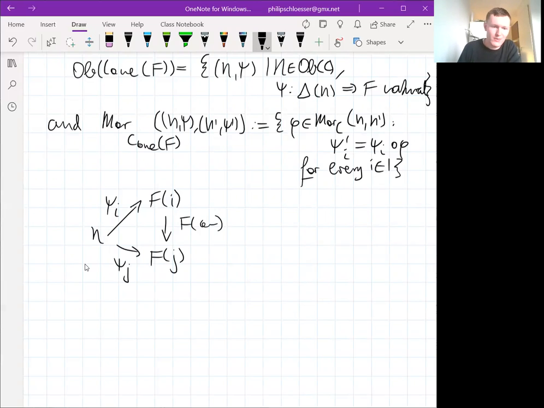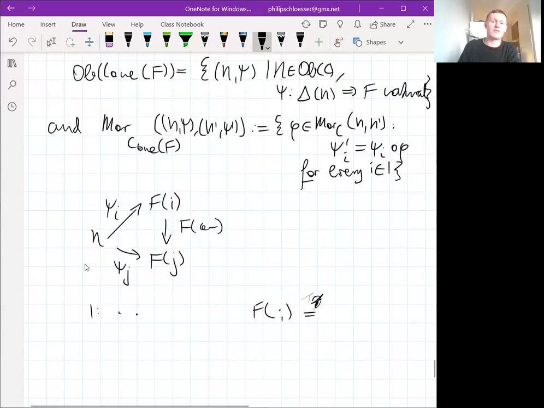So for example, when we have the discrete category with two objects, then the functor F basically just chooses two objects, F1 and F2, for example.